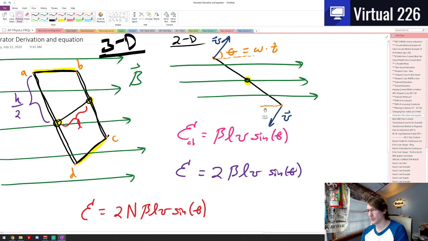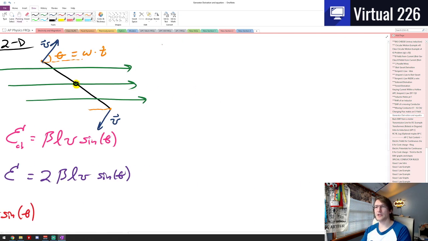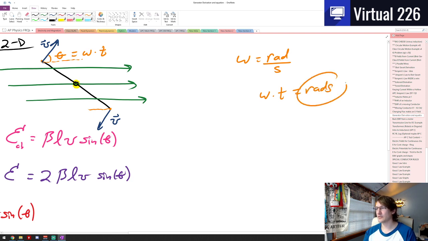Remember, when we talked about circular motion last year, omega is the idea of an angle, a radian value, or degrees if you wanted to, divided by some amount of seconds. And if we multiply omega times a time, well, radians per second times seconds gives us radians, which is just some angle. So if you wanted to figure out how your angle is changing, you need to start thinking about your angular velocity.